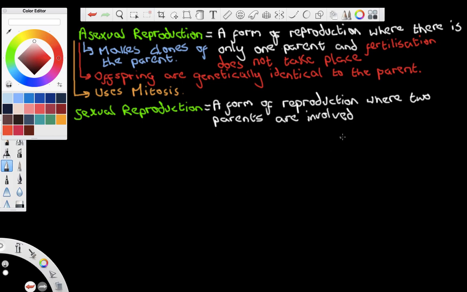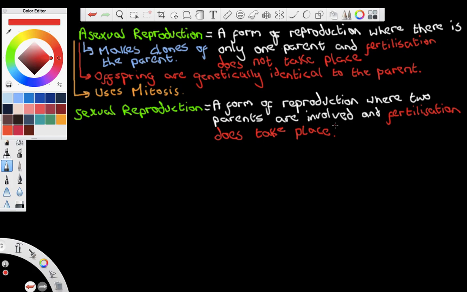Okay? And fertilization does take place. Okay? So sexual reproduction is a form of reproduction where two parents are involved and fertilization does take place.